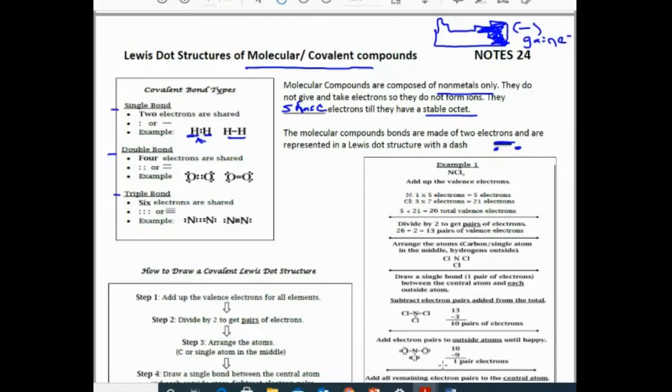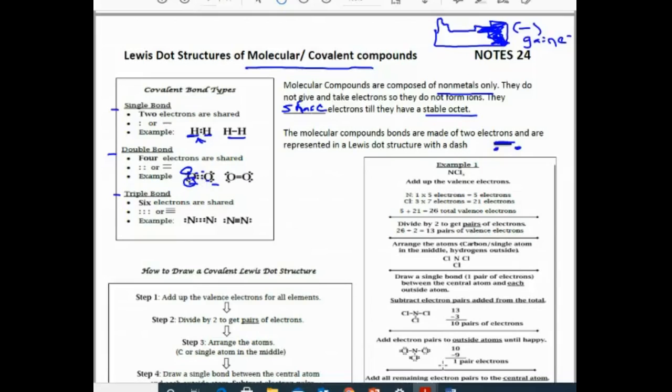Sometimes atoms need to share more than 1 electron each to become stable. As an example, when 2 oxygens meet, they don't have enough valence electrons to do it with 1 single bond. So this oxygen had to share 2, and this oxygen had to share 2. In that case, they had 2 of their own, 2 of their own, so that's 2, 4.